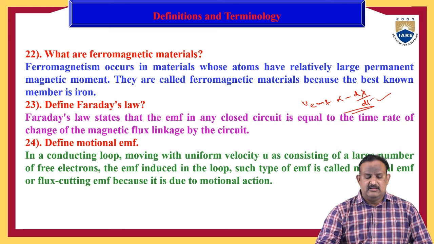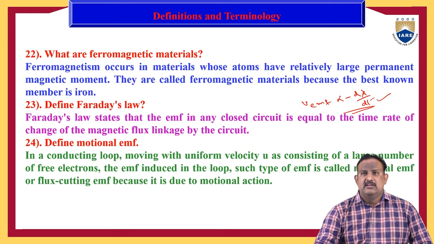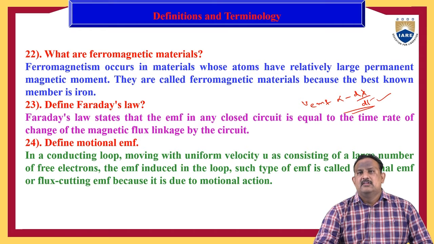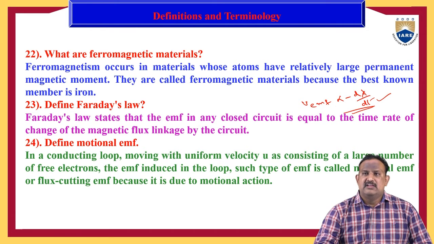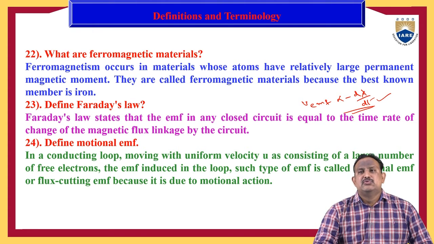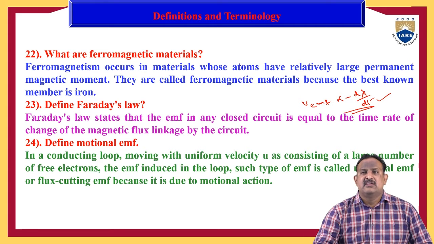Define motional EMF. Let us assume a conducting loop moving with uniform velocity u, consisting of a large number of free electrons. The EMF induced in the loop is called motional EMF, which is also known as flux cutting EMF because it is due to the motional action.